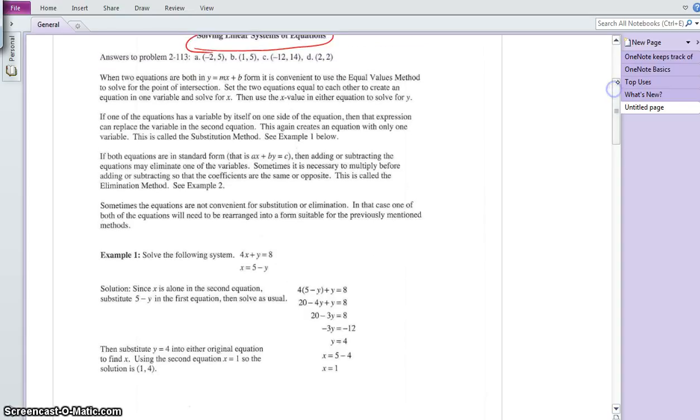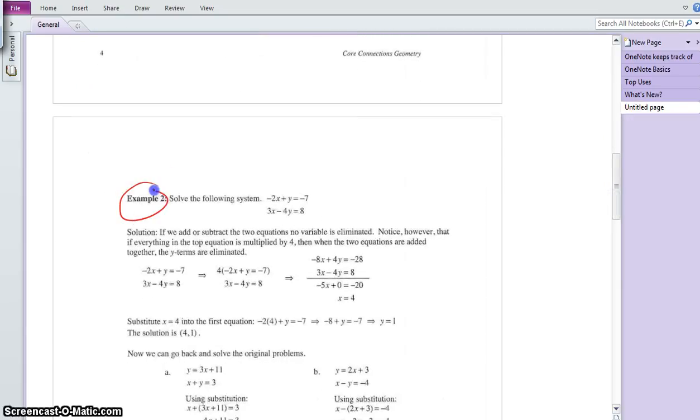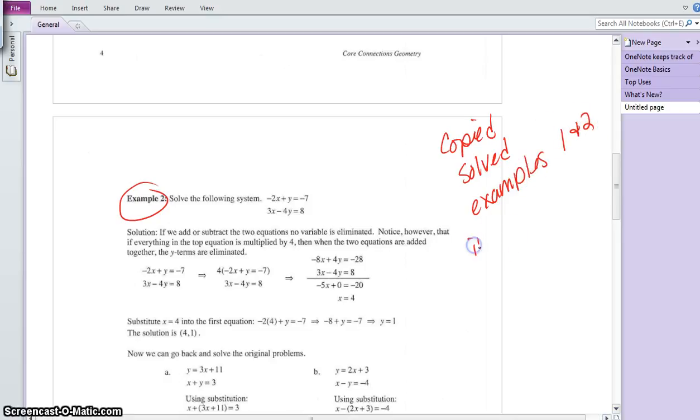Those methods are described here in example 1 and in example 2 of the handout. So I believe you have copied solved examples 1 and 2 into your notes as a warm-up.